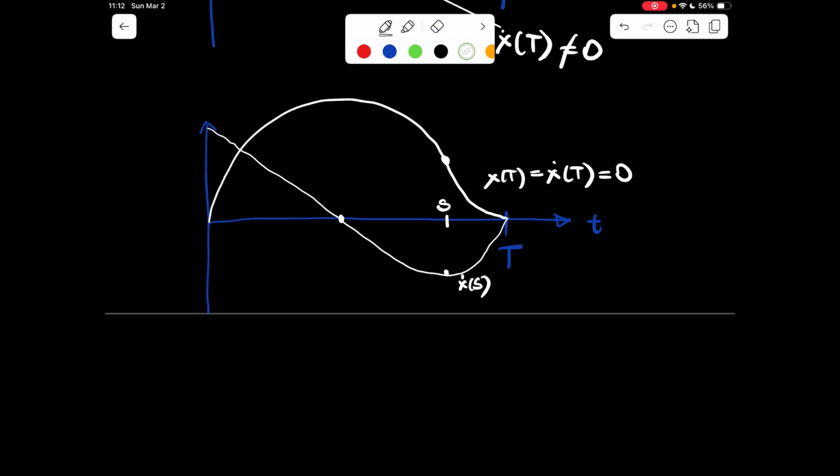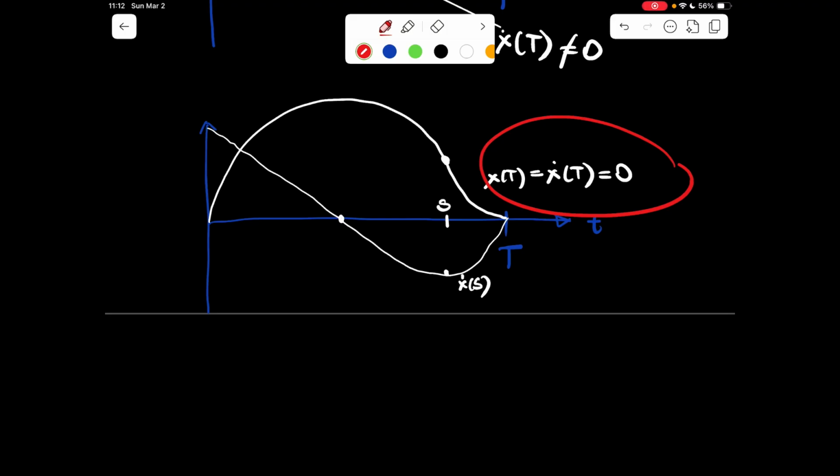So it looks something like this. Okay, so x dot is positive in the beginning, but it turns into negative. Then it goes back to 0 because of this requirement.